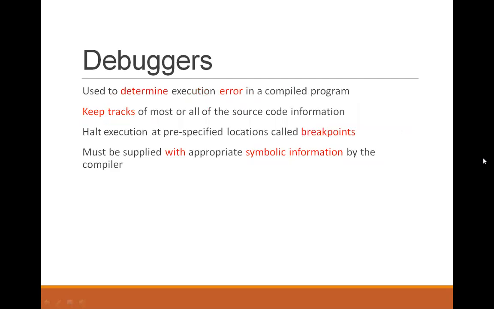Then obviously, one of the most important things is debuggers. As you have written your own program codes, you know that very well. Whenever you hit the run key, whenever you hit the compile button, you can see that most of the time there is some syntax error or some logical error causing your program to malfunction.